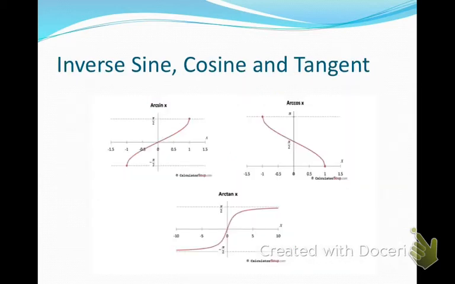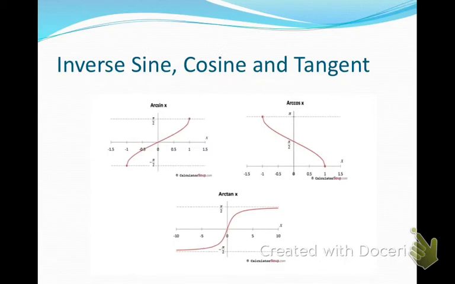So to take care of that, we limit the pieces of the graph we look at. So for sine, and the inverse sine, notice that this uses the terminology arc sine. That's another way of saying inverse sine. It comes from the fact that you know the ratio and you're finding the radians, the arc around the unit circle.